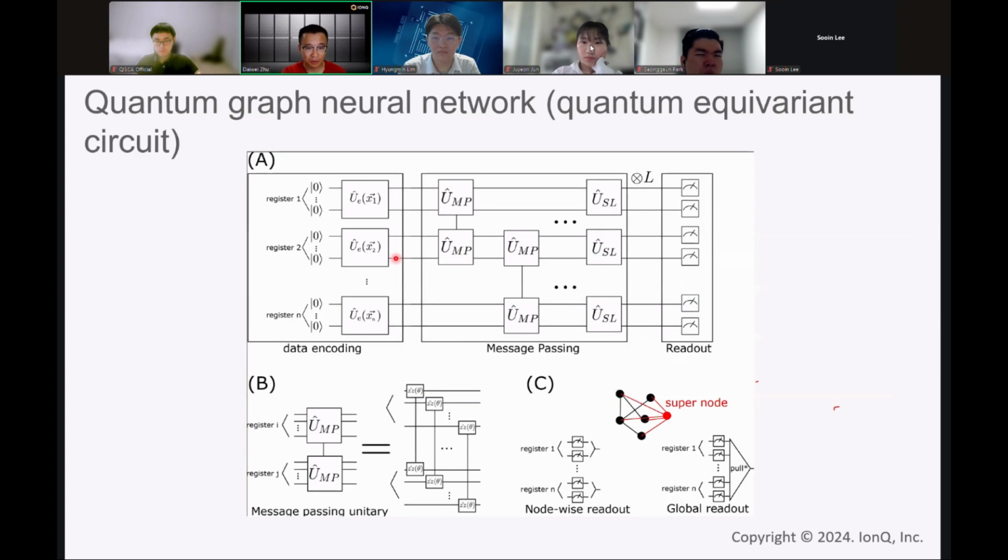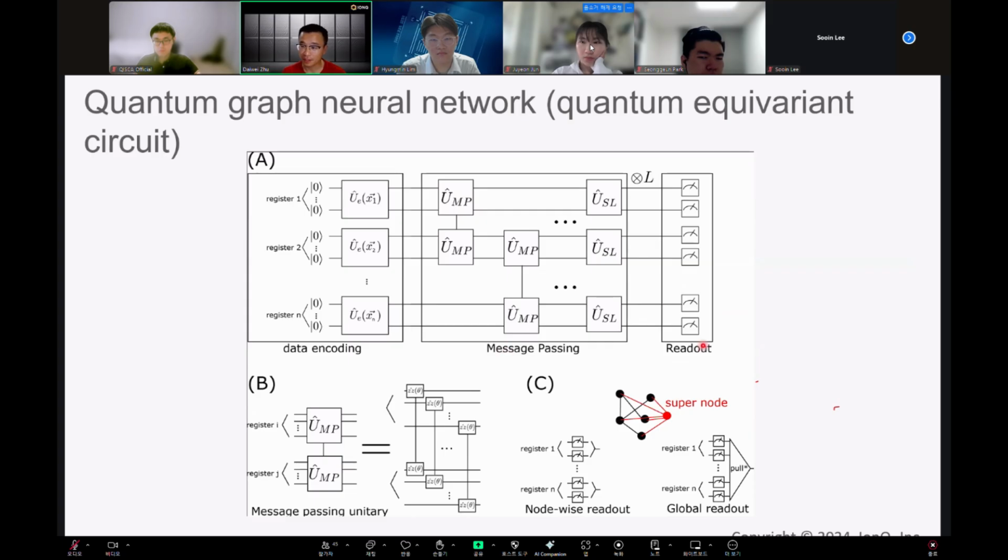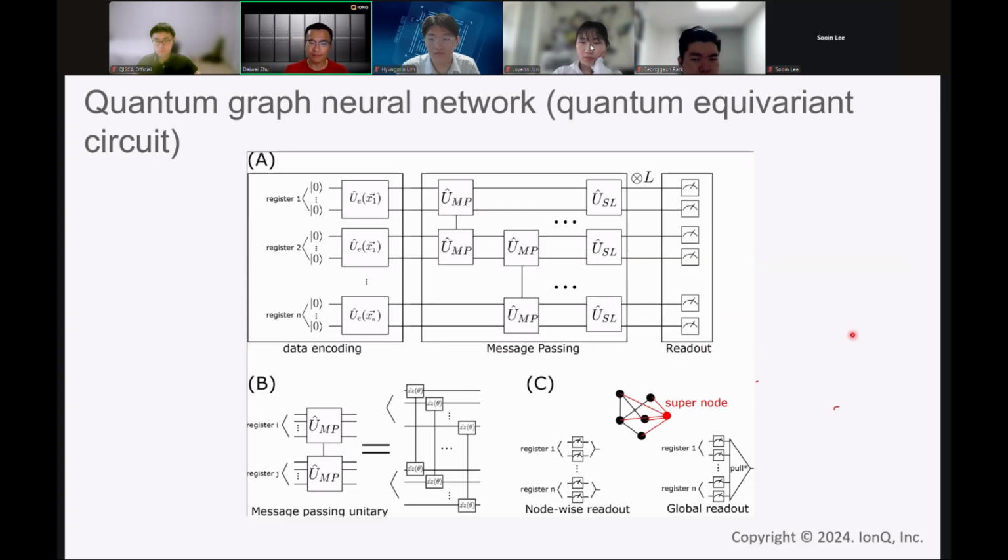And the classical graph neural network has its issues. So we designed this quantum neural network structure, this quantum circuit that is inspired by the classical graph neural network. The key idea behind the classical graph neural network is you do the same operation on each of the edges, right, to preserve the symmetry.